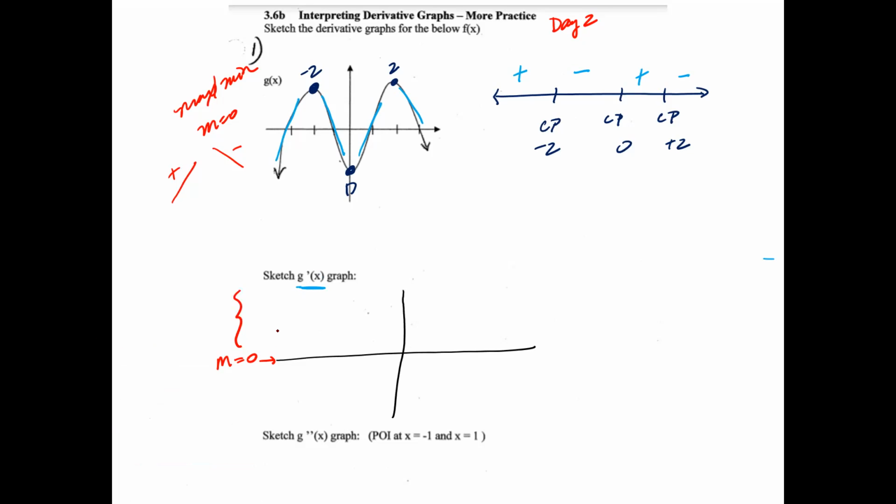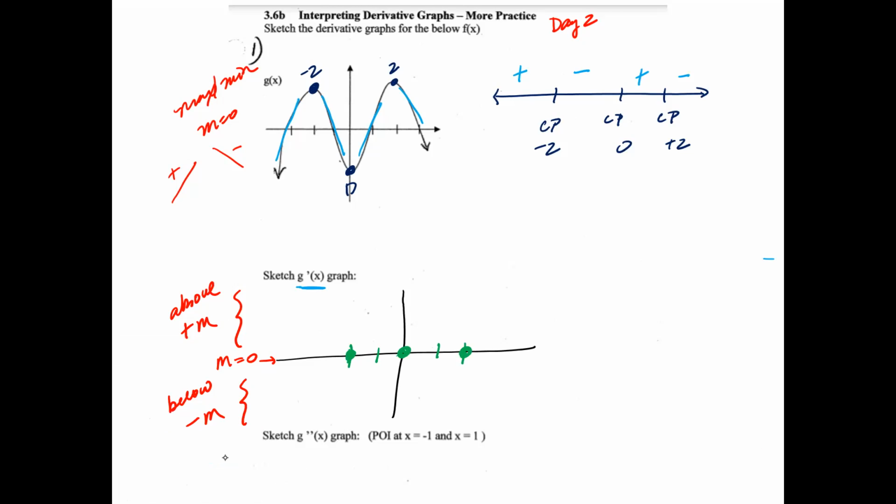Anything above that is when you have a positive slope, and anything below that is when you have a negative slope. Then I'm going to find my critical points, and that's located at -2. And remember, your critical points are when your slope is at 0, so your point is actually going to be at -2 right here, at 0 right here, and then +2 right here.